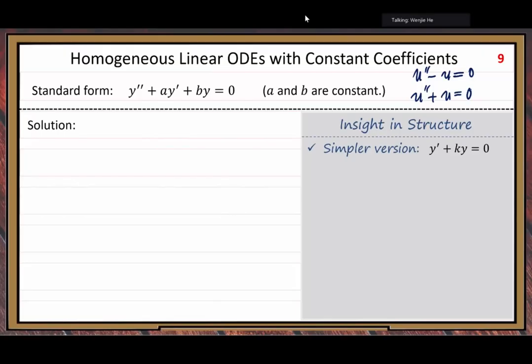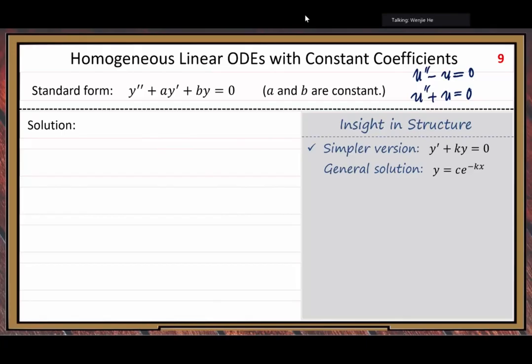So we first consider the first-order equation y prime plus k y equals 0. We know the general solution: y equals c times e to the negative kx. The decay model.